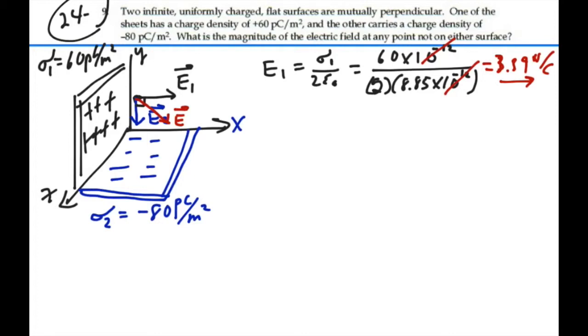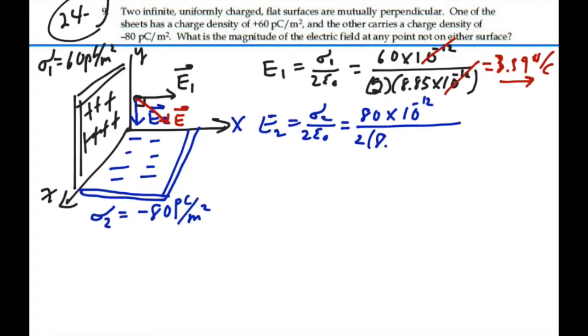Okay, the other field, E2, will be equal to sigma 2 over 2 epsilon naught, and that will be equal to, at least in magnitude, 80 picocoulombs, 80 times 10 to the minus 12, over 2 times 8.85 times 10 to the minus 12.